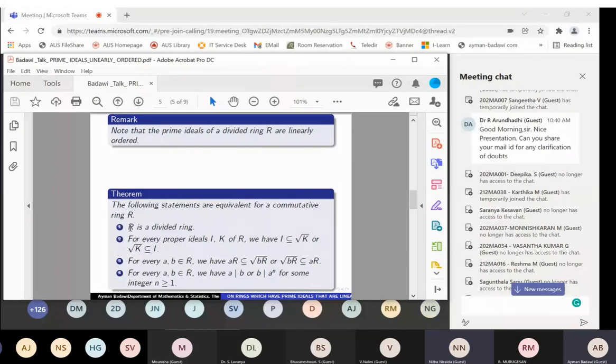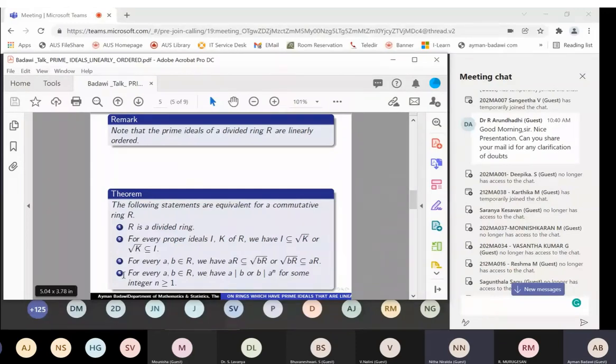And of course, if you look at number 4 and the definition of valuation domain, that whenever you have two elements A and B, then A has to be a factor of B, or B has to be a factor of A, definitely for any valuation domain, number 4 holds.